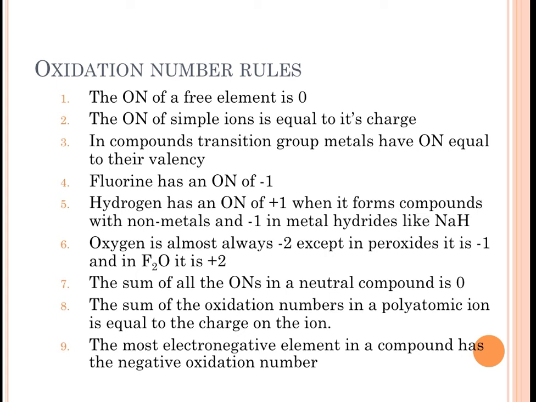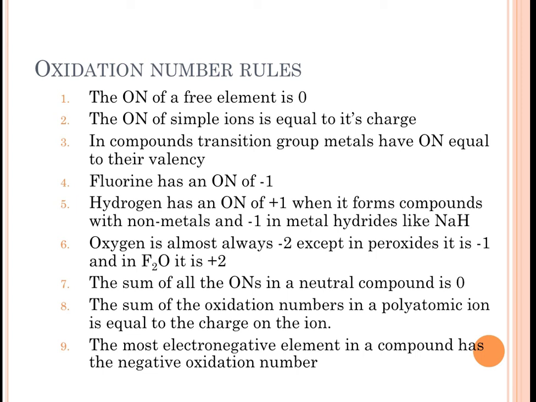So we call that a metal hydride, like NaH. Now Na is a simple ion, got a charge of +1, so it has to be +1. This whole thing, we can see, has got no charge. So we know that this charge of +1, plus whatever hydrogen is, has to have an overall charge equal to 0. So we know hydrogen, therefore, has to be -1.